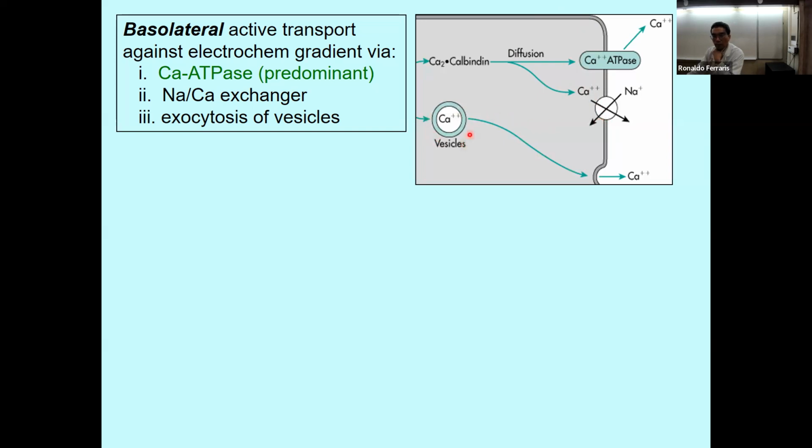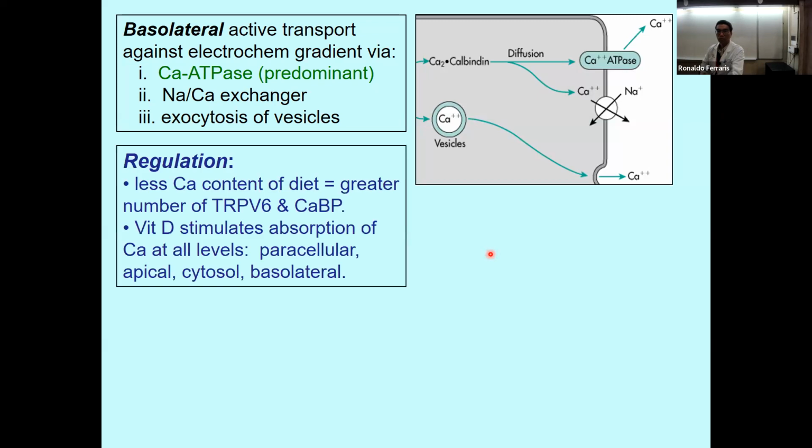The two minor components of this calcium transport are this exchanger and vesicles, which exocytose, and the calcium contents of these vesicles are extruded into the blood side. So how do we ensure that we have enough calcium?